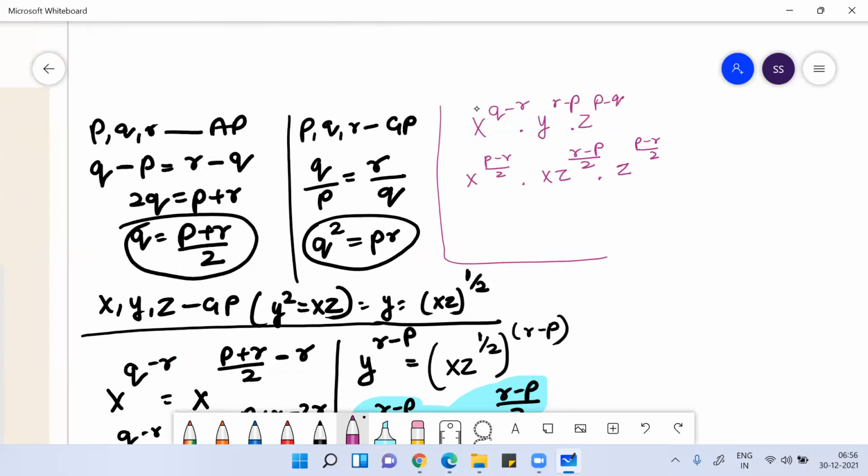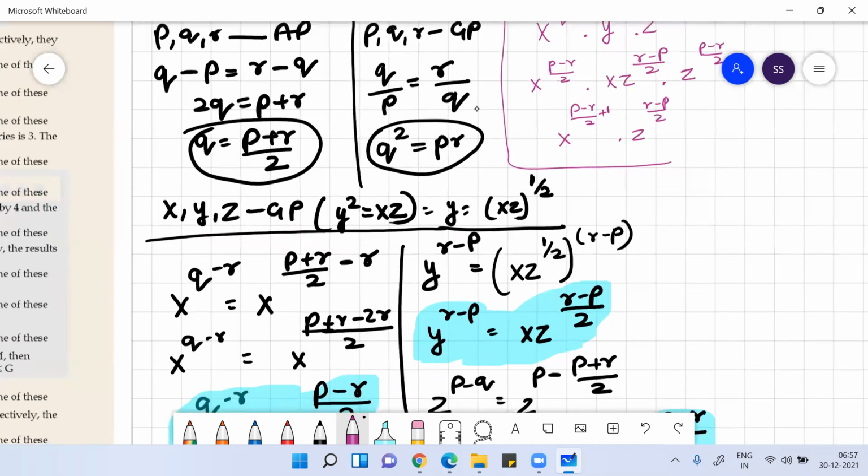Now you get everything in terms of x and z. So the base is the same, the powers get added: p minus r by 2 plus 1 for x, and for z, r minus p by 2 plus r minus 2.